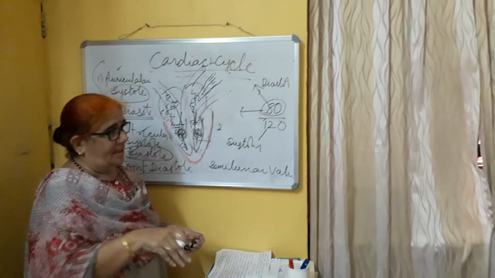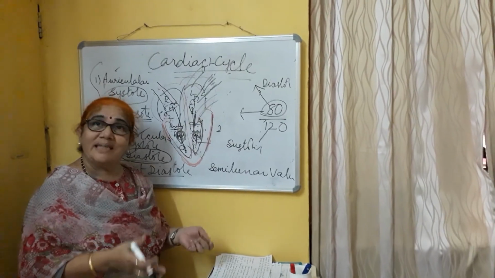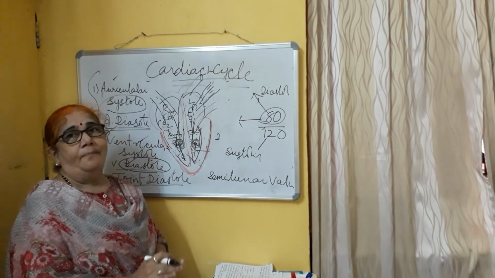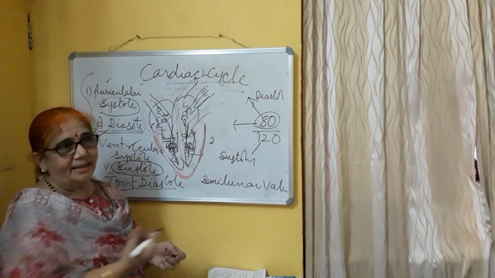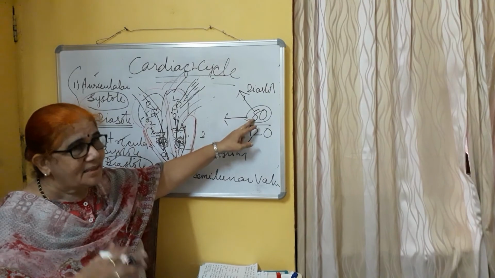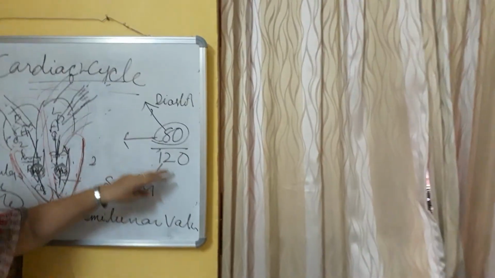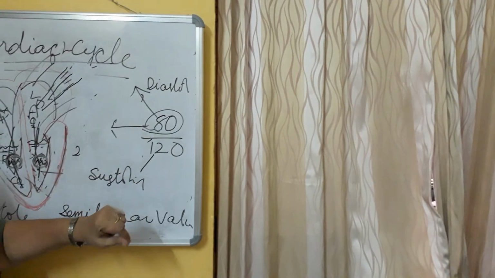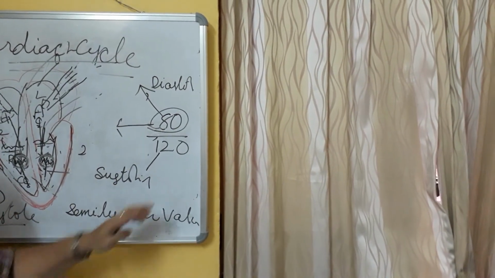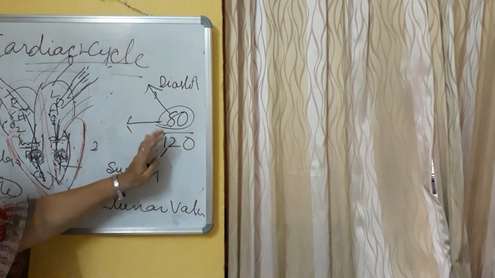Something is obstructing in the vessels, which makes high pressure to get the blood into the heart. So diastolic increasing needs attention, and systolic also should not increase, but alarmingly increasing is a problem. Okay, so this is blood pressure.